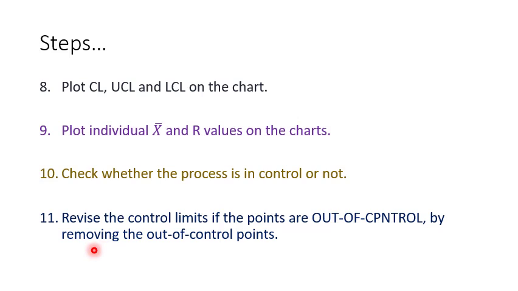Then after removing the points, again calculate the center line, upper control limit and lower control limit. Then again plot them on the chart, plot the individual X bar and R values on the chart, and again check whether the process is in control or not.